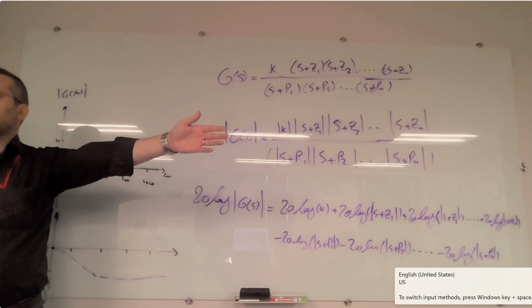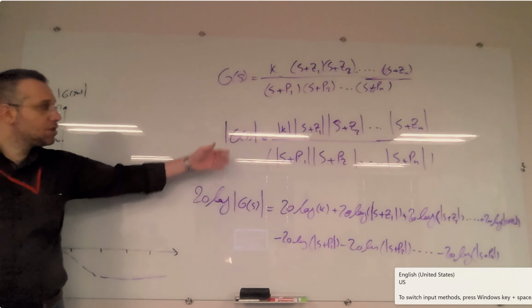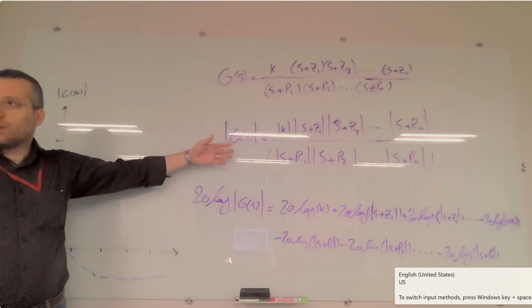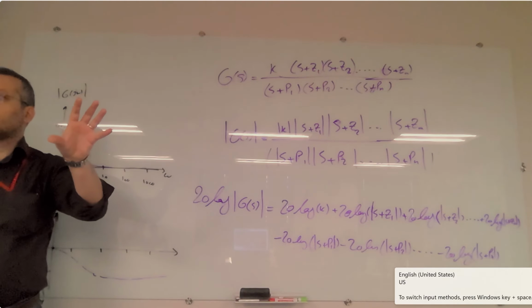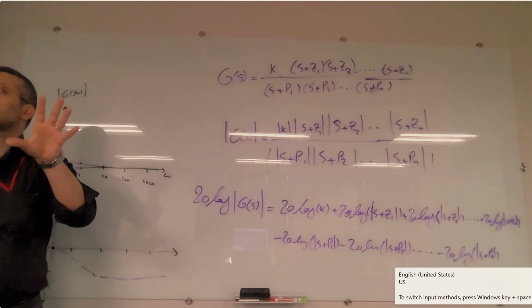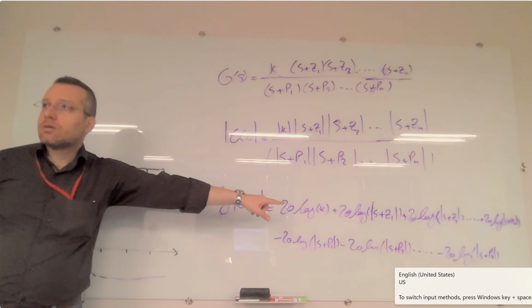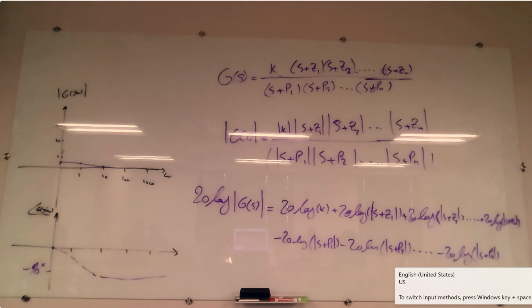What it tells me is that I don't even need to consider this G of s in the first place. I can simply focus on each term as a different transfer function, find the values, and the overall value would be the superposition of all of those. Does that make sense?